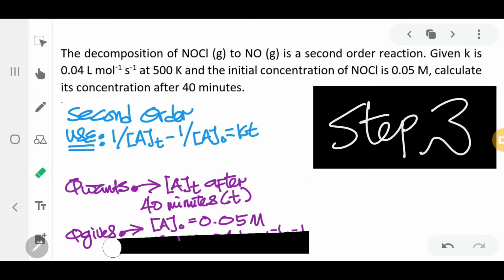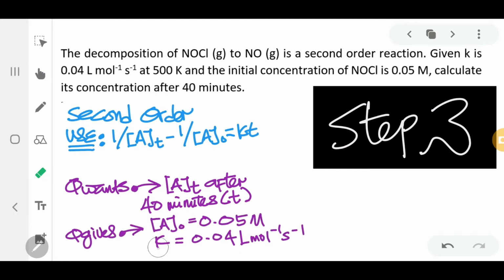The question gives you two pieces of information. The first one, the initial concentration, is 0.05. And the K value is in liter per mole per second.